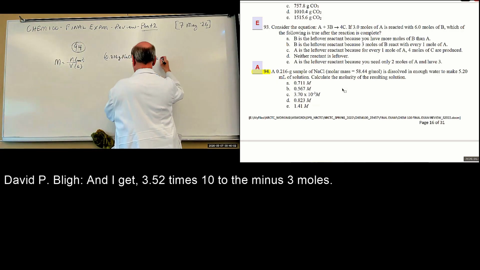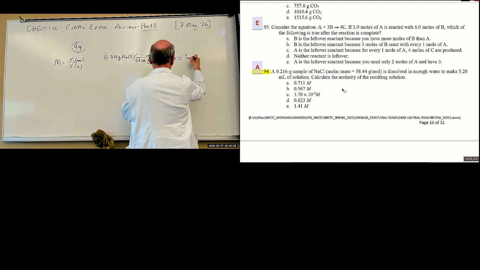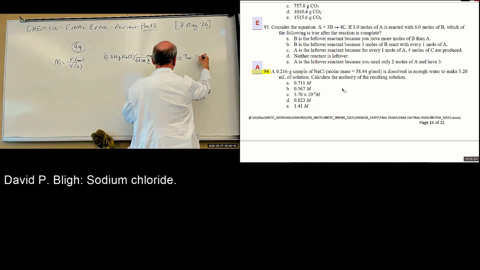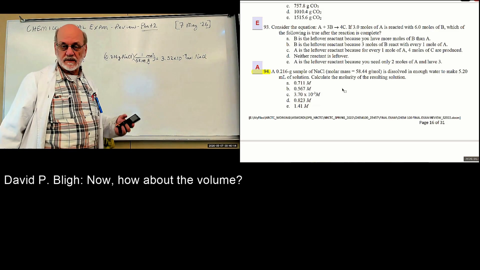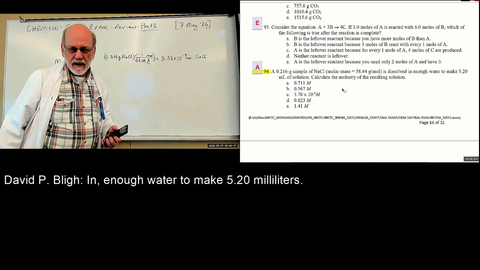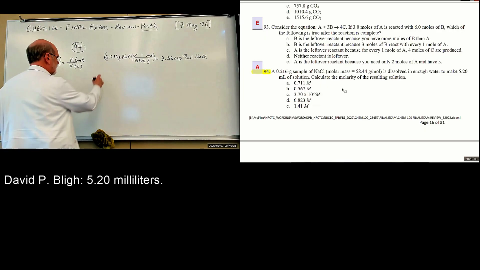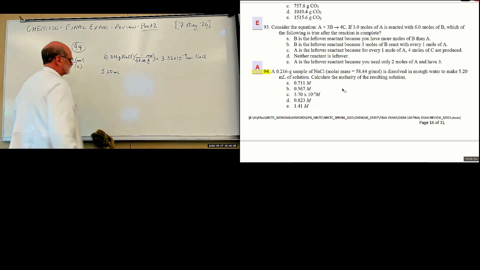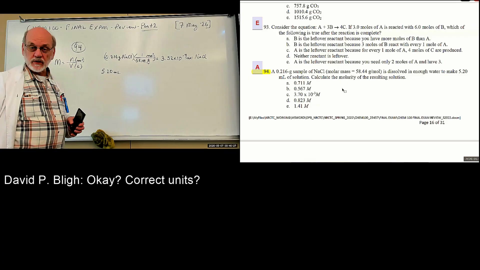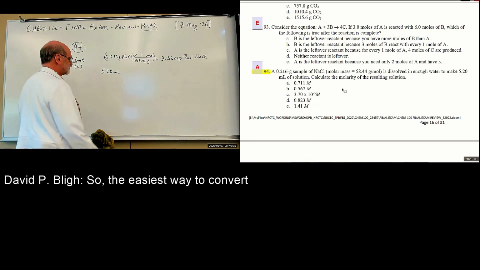And I get 3.52 times 10 to the minus 3 moles of sodium chloride. Okay, that's this part. Now, how about the volume? In enough water to make 5.20 milliliters. 5.20 milliliters. Okay, correct units? No, needs to be liters.